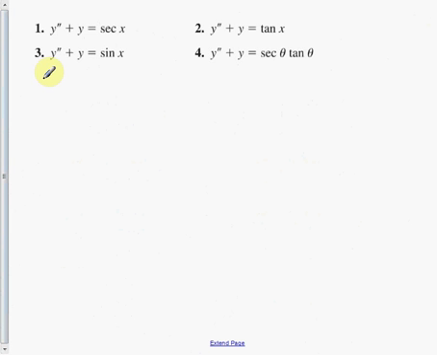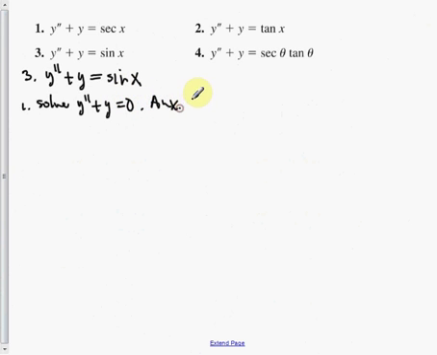We're going to work number 3. So the first thing we do is we solve y double prime plus y equal to 0. You recall the auxiliary equation here would be m squared plus 1 is equal to 0.